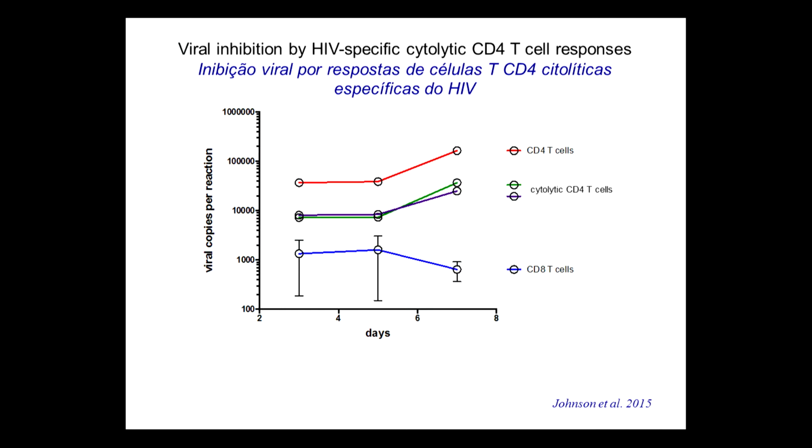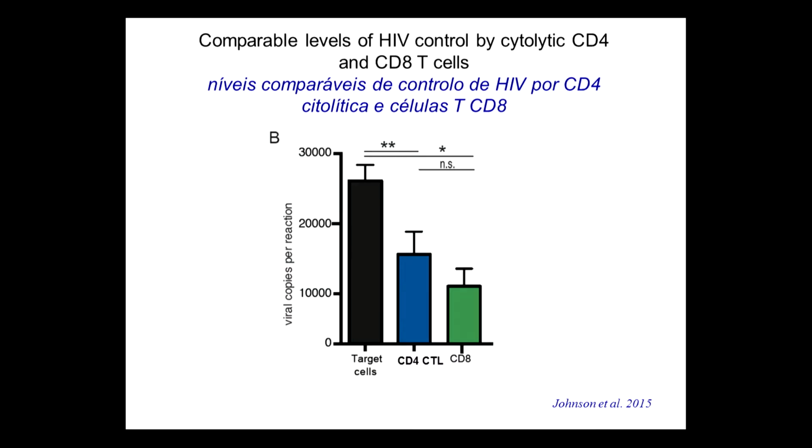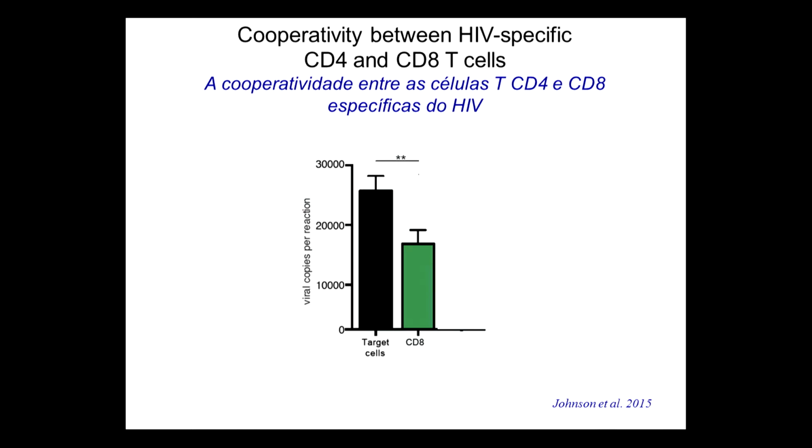And when we compared, in several patients, the ability of cytolytic CD4 T cells or CD8 T cells to inhibit HIV replication, we didn't see a significant difference. So we wondered whether cytolytic CD4 T cells and CD8 T cells are cooperating in their ability to inhibit viral replication.